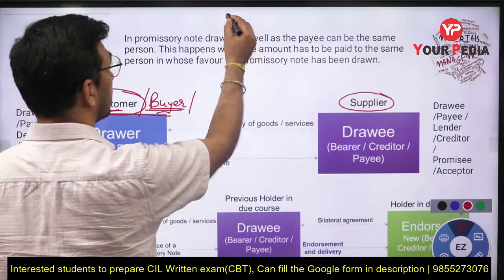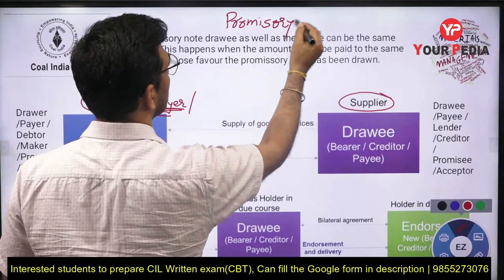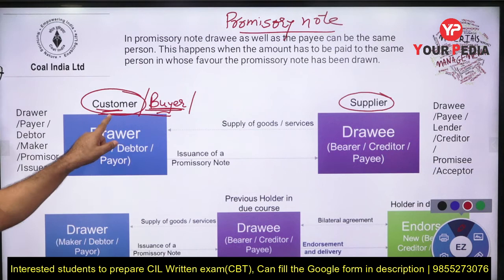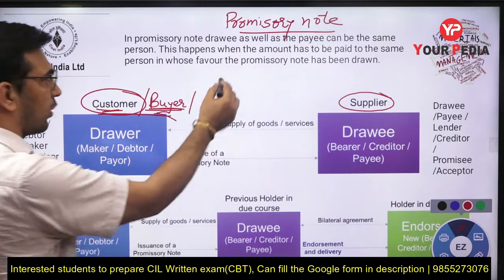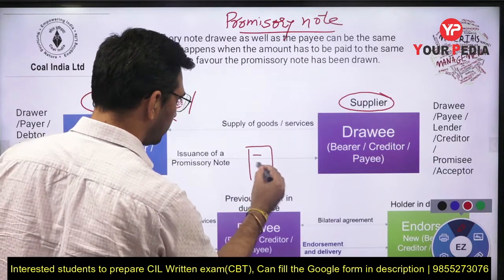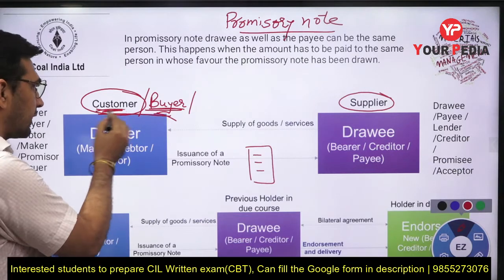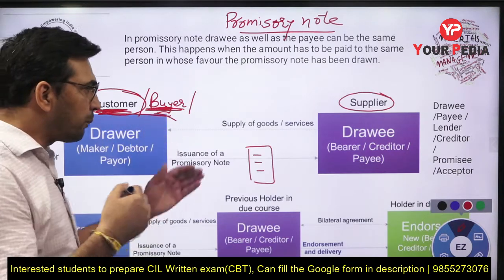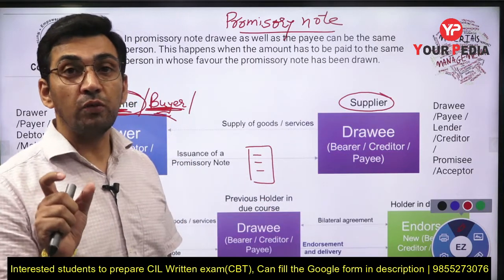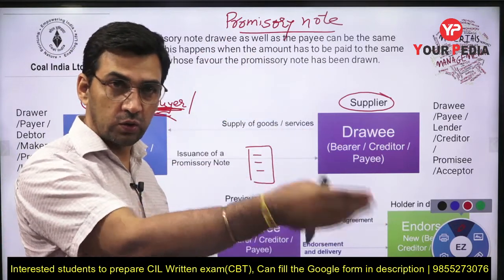So right now we are talking about the promissory note. It's a document simply. In a promissory note, now what will the customer, the buyer do? He will prepare a document, as I had shown you, and in that document this customer or buyer will promise to pay this supplier the given amount of money at so and so date, or maybe on demand also, as we discussed.